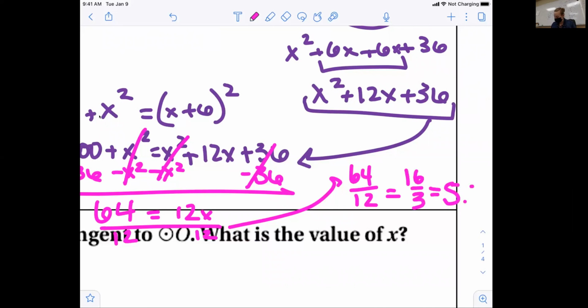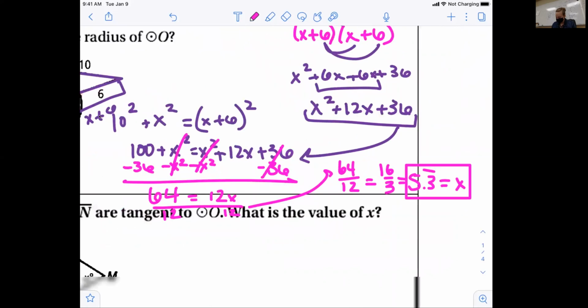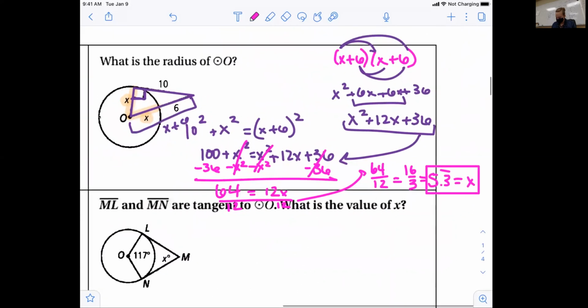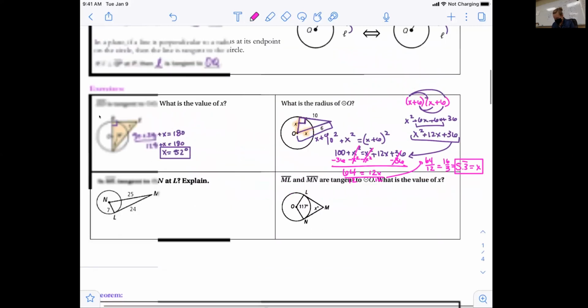Or if you put it in the calculator, it's 5.3 repeating. And so my x is 5.3 repeating. And that's all I need to do because I found the radius of the circle because the radius is x. That's it. Everybody good? All right, let's do another one.